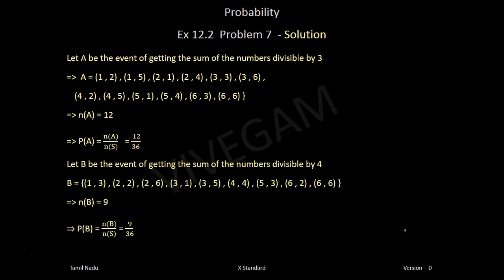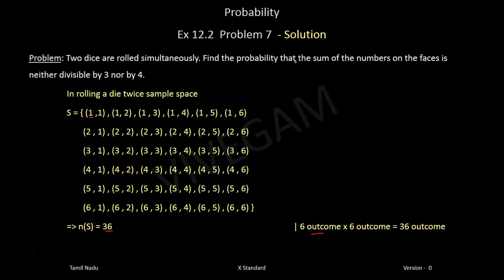Let A be the event of getting the sum of numbers divisible by 3. So we'll have to select the outcomes which are favorable to event A. That is, the sum is divisible by 3. Now you see, select 1 plus 1, 2, not divisible by 3. 1 plus 2, 3, yes, this is divisible by 3.